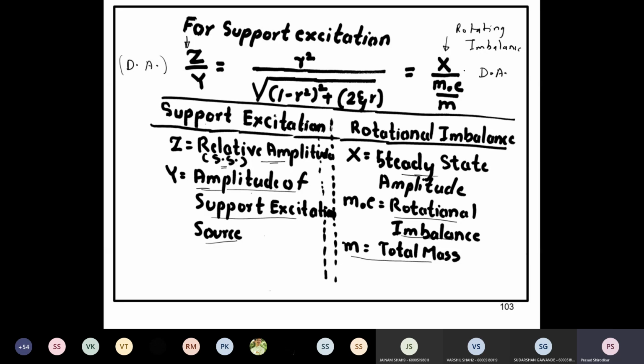Is this distinction clear? Yes, sir. And for both we get the same expression, that is r square divided by square root of (1 minus r square) whole square plus (2 zeta r) whole square.